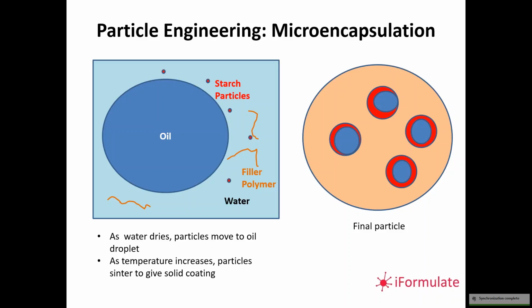They sinter and then they form a solid wall and keep the oil from escaping as it heats up. The result is a sort of matrix particle with filler around microencapsulated oil. So that's just an example of a bit more complex particle engineering that you can achieve with spray drying.